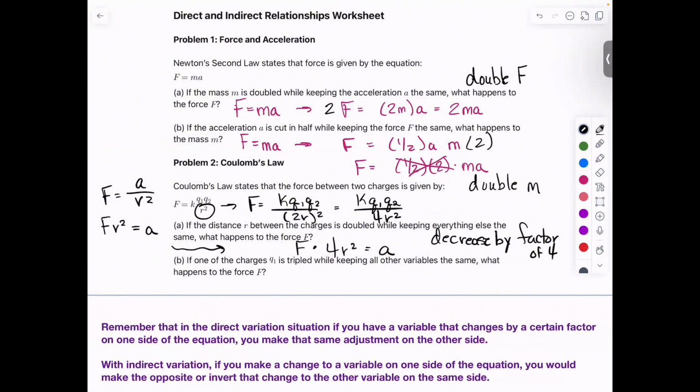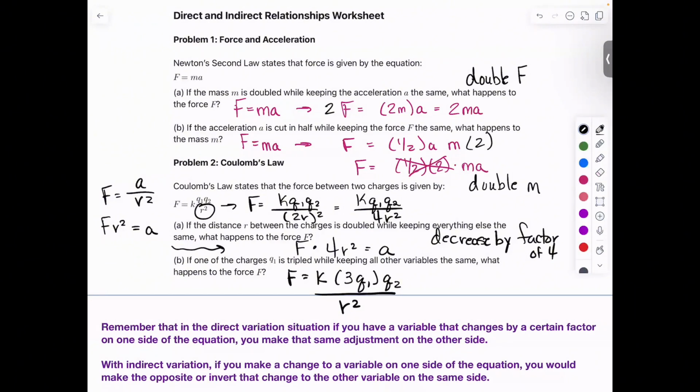Okay. And then on the flip side, if one of the charges, Q1, is tripled, keep everything else the same, what happens to the force F? So we would be looking at R squared. Okay. So we have an increase of a factor of 3 on top. We're not manipulating K or Q2, and I should make it clear that's a subscript.